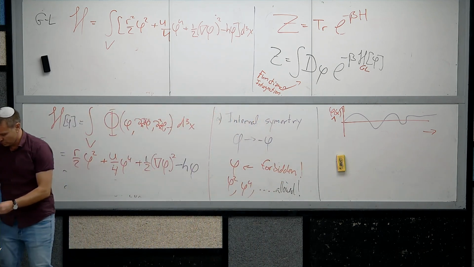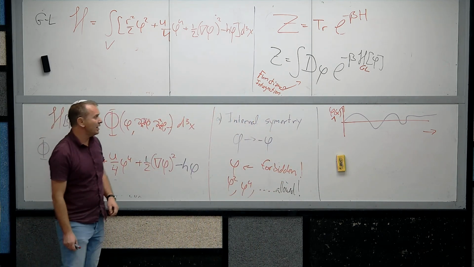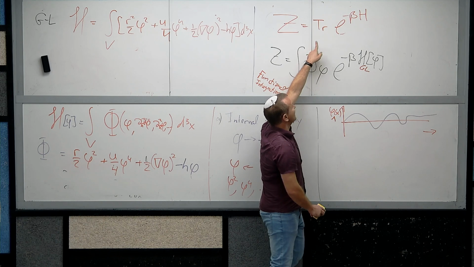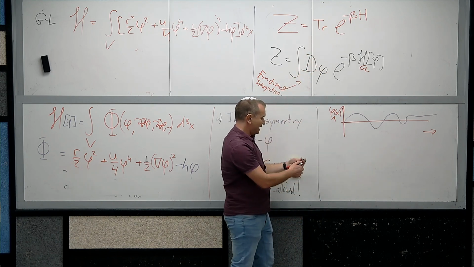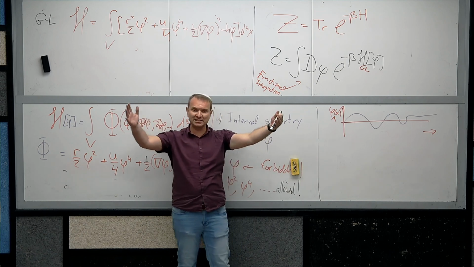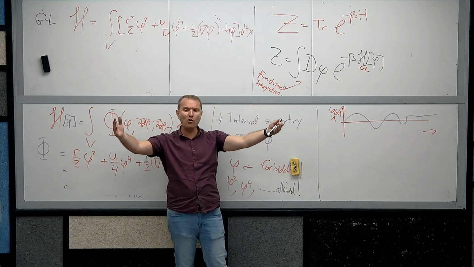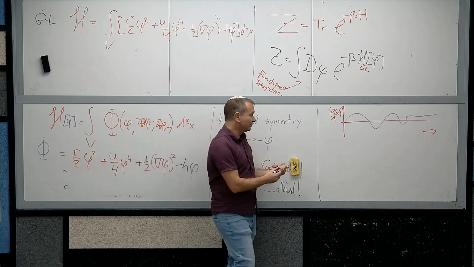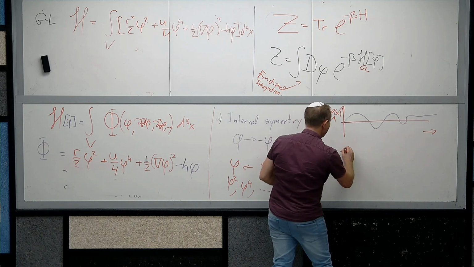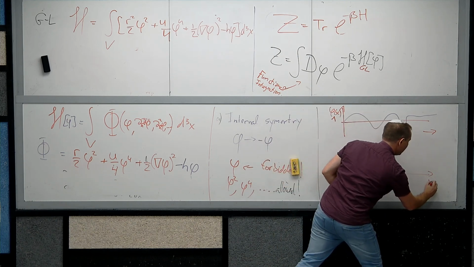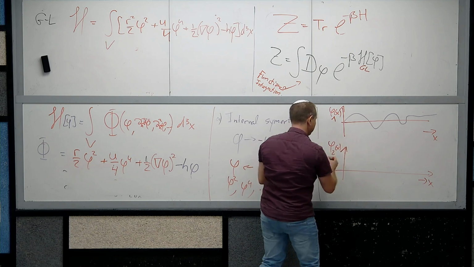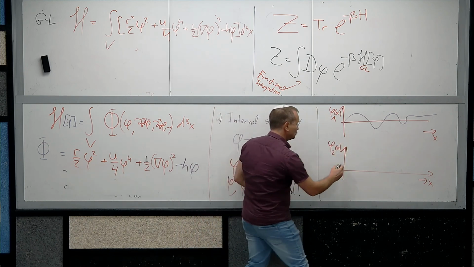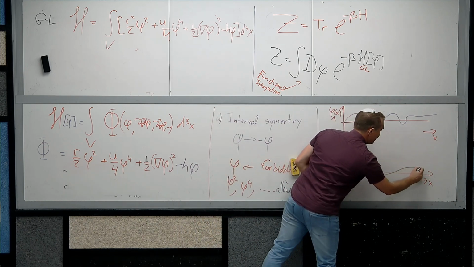But phi 1 is not enough, because I have to sum over all the different states of the system. This is this functional integral. I have to assume all possible ways of how my field can appear. So I go and I construct phi 2 of x. And phi 2 looks like this.